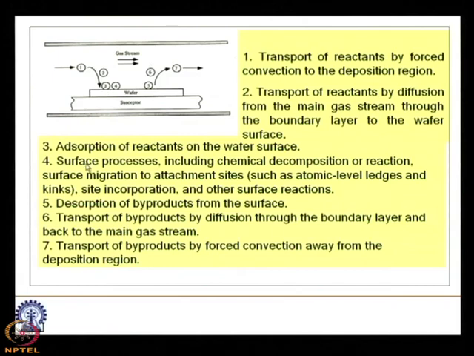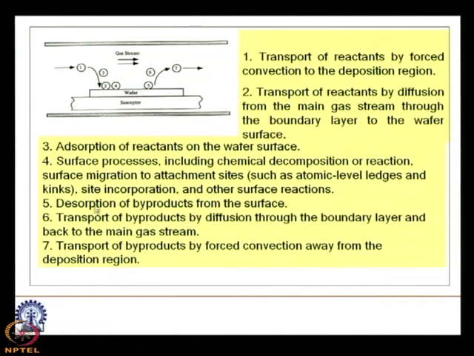Number 4, surface processes including chemical decomposition or reaction, surface migration to attachment sites, site incorporation and other surface reactions. So, number 4 is basically related to the surface processes. There are many surface processes which are involved for fabrication or making of the film.